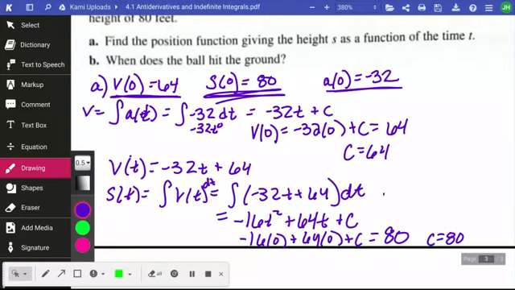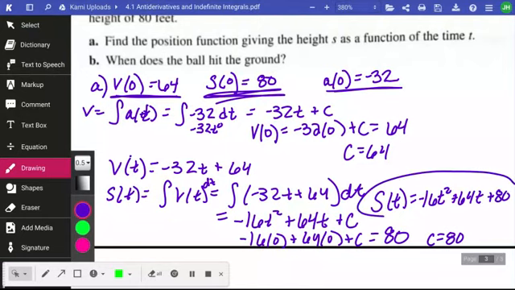And so your position function that we were asked for in part A, S of t, is equal to negative 16t squared, which is often the start of a lot of ball dropping kind of problems that use gravity, plus 64t plus 80. And really, it wasn't A of 0, it should have been A of t. Any acceleration of a ball dropping problem would have been negative 32. So that was part A.